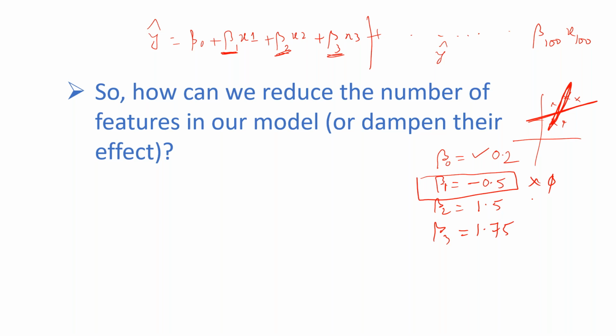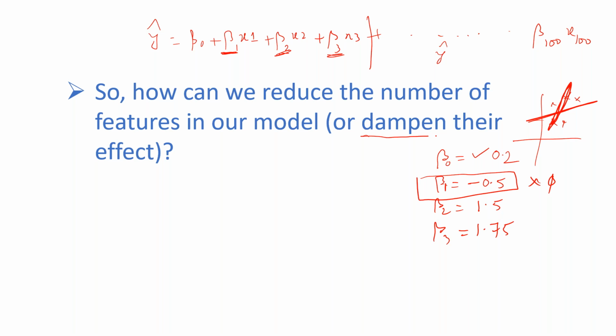So that is what we are telling. How can we reduce the number of features in our model or dampen their effect? Either make them 0. If you think that making 0 is not good because some impact will be there, then don't make it 0, but use a penalty in such a way that it never becomes 0, but it will be a very small value.